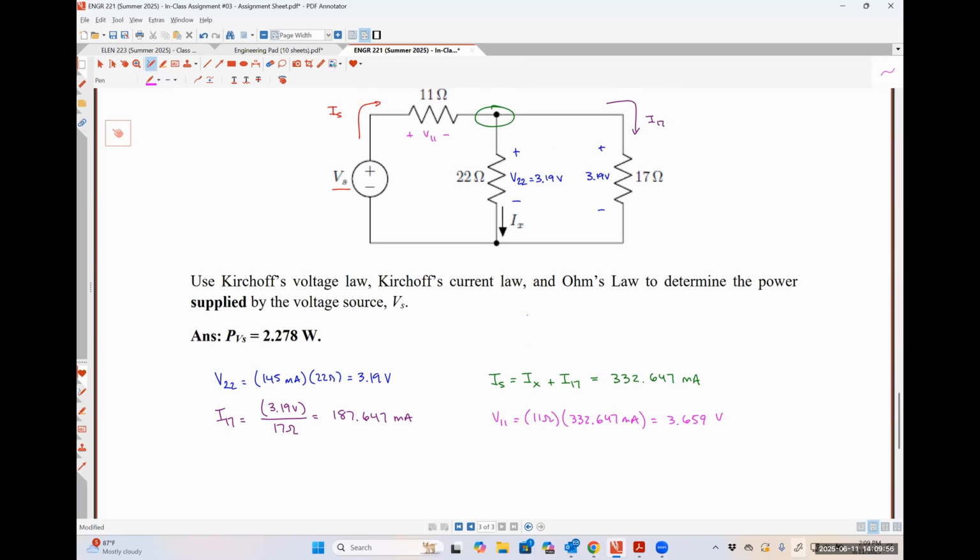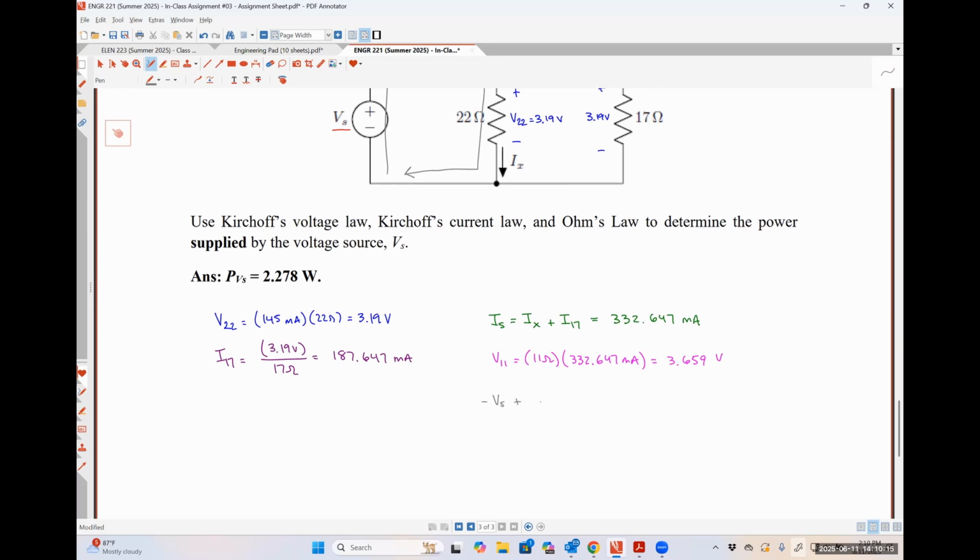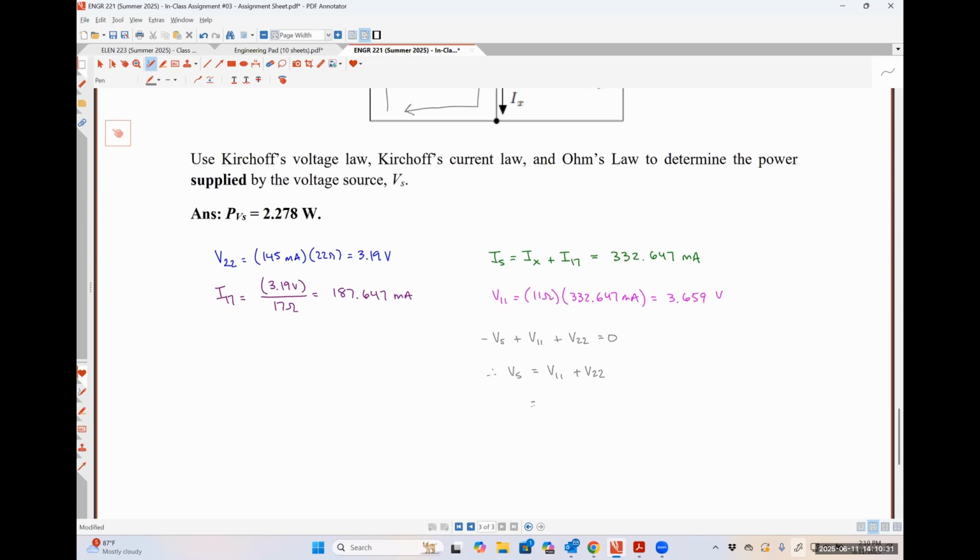And then lastly, I can use Kirchhoff's voltage law around this path to find Vs. So that would look like negative Vs plus V11 plus V22 is equal to 0, which I could rearrange as Vs is equal to V11 plus V22, or 3.659 volts plus 3.190 volts.